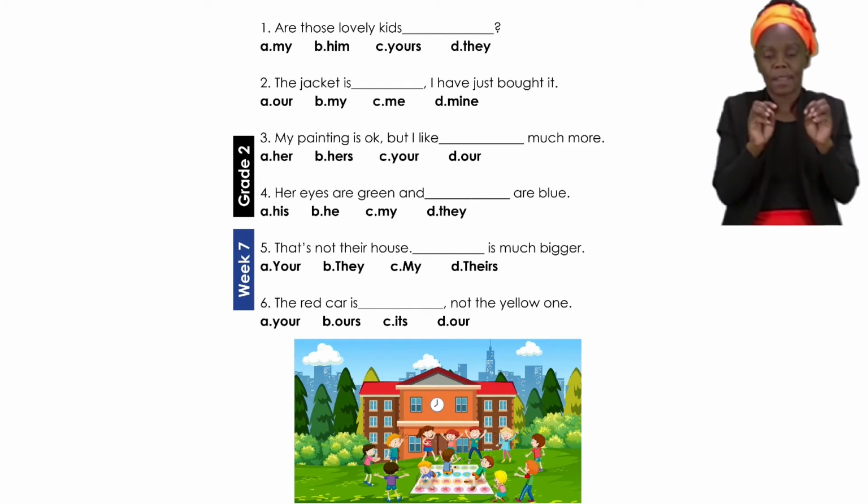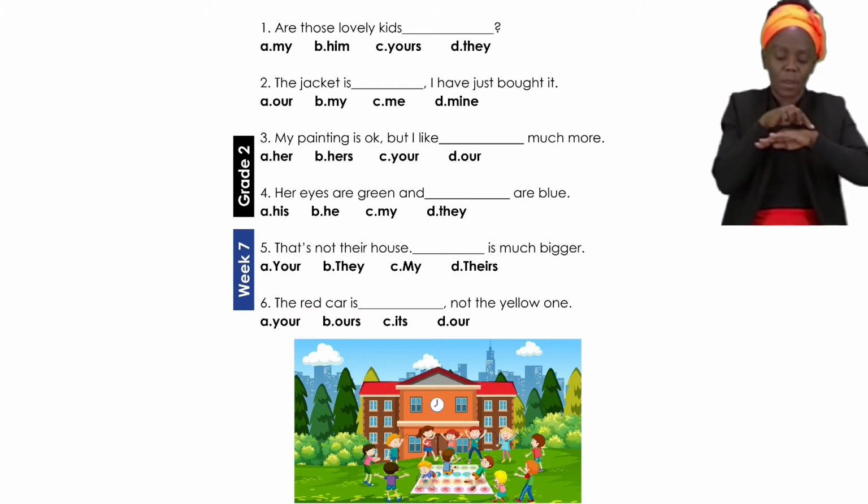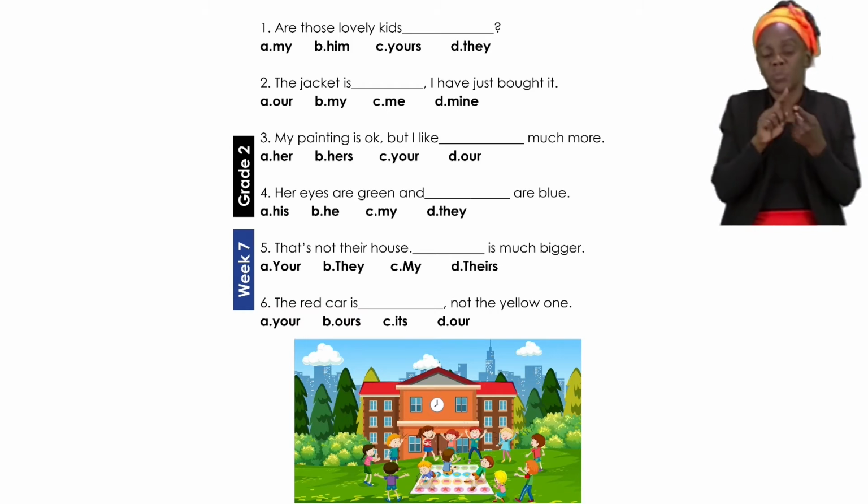So which possessive pronoun is best to put on the dash? Is it my, him, yours, or they? If you said the word they, well done, good job. So we are going to use the word they. Now, let's read our new sentence.